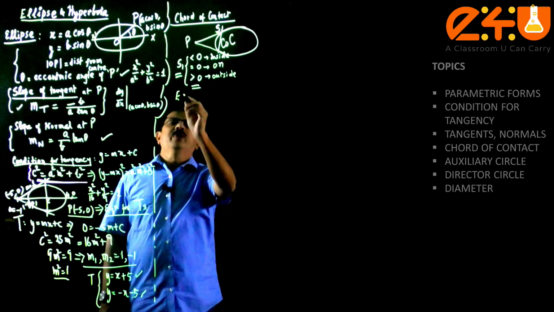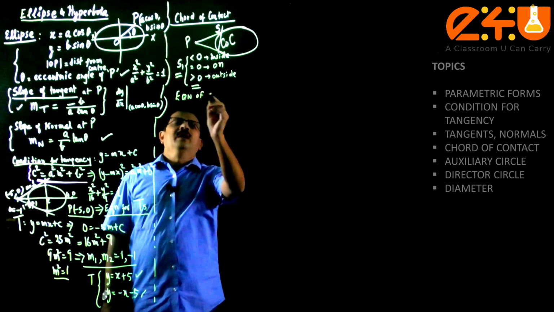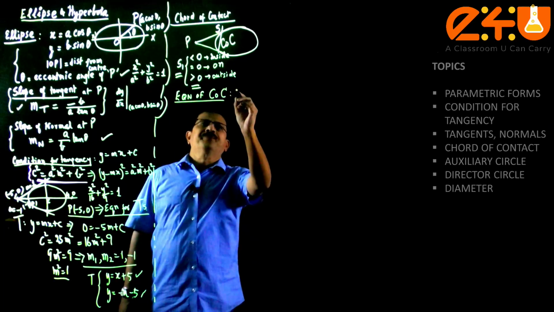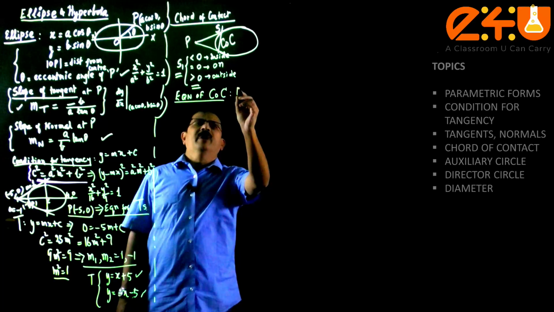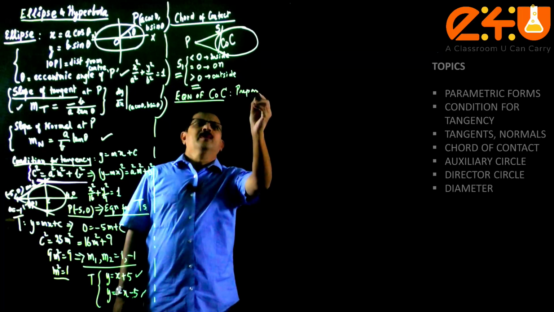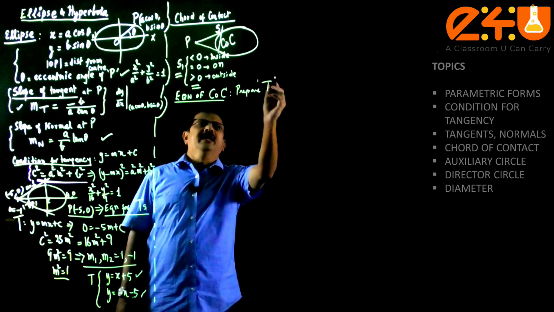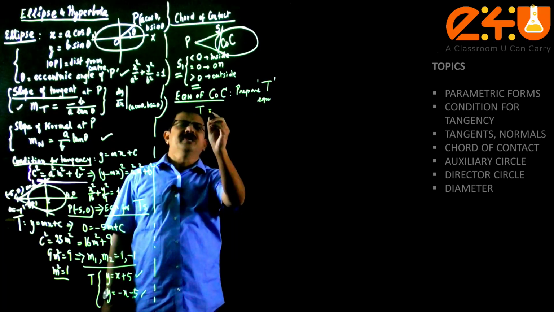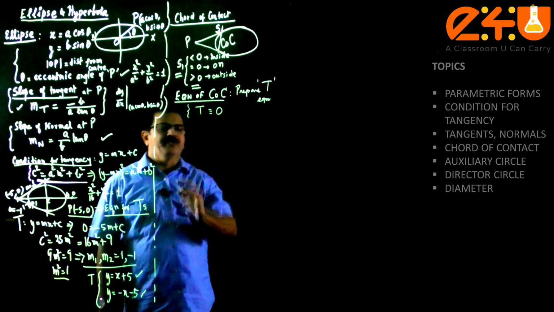And the equation of the chord of contact is very simple. By preparing the T equation, we can get the chord of contact. T equal to 0 is sufficient.